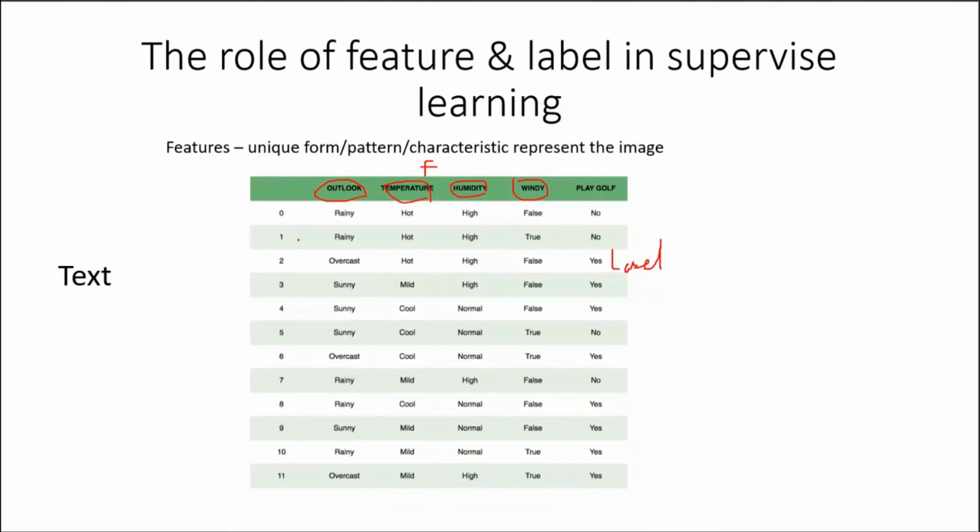This is the first, second, third, fourth, fifth, sixth, seventh, eighth, ninth, tenth, eleventh, twelfth. So you got 12 data for the computer to learn. You can see the pattern here, how to say yes and no.